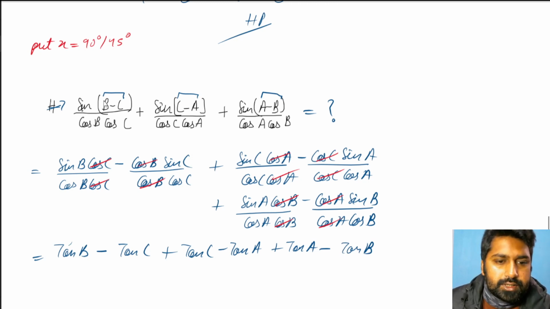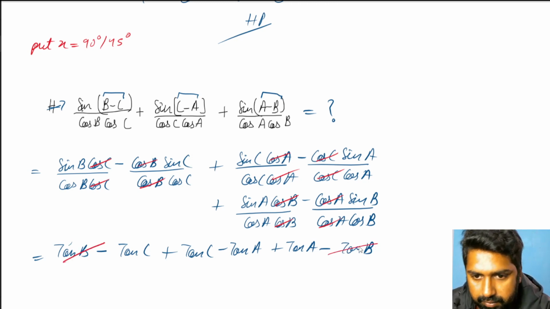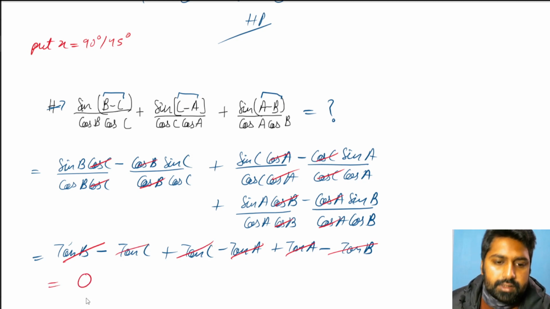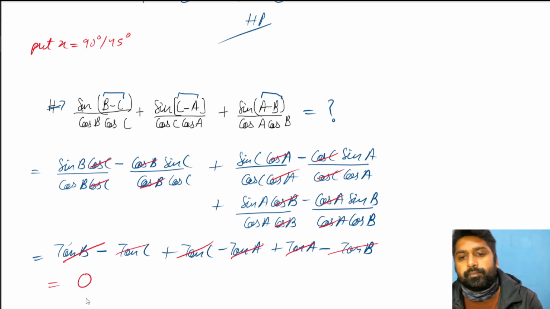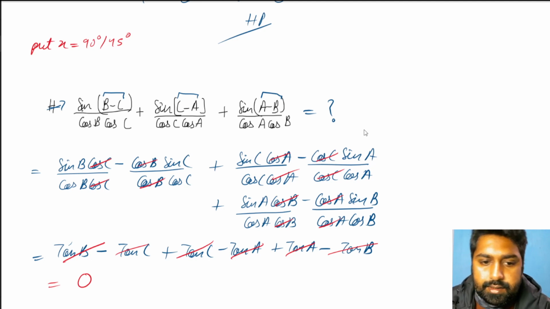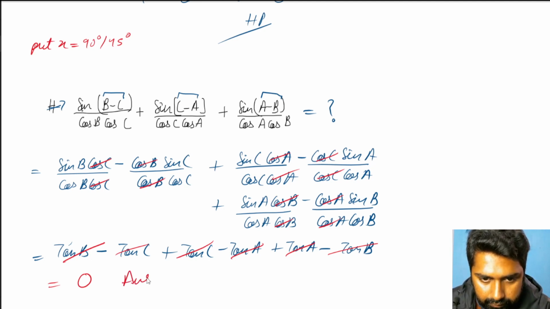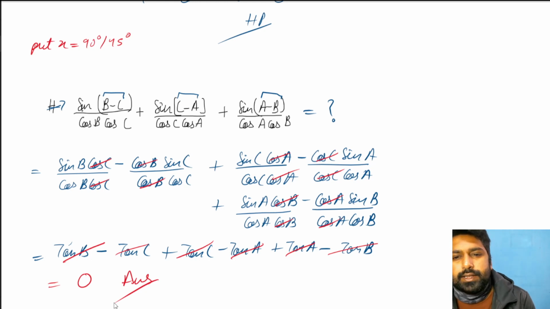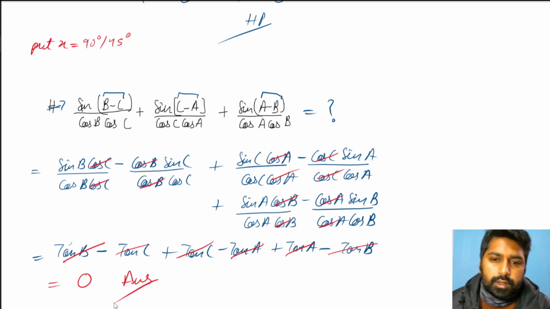Again, I think pretty much this is done. Tan b cancels tan b, tan a cancels tan a, tan c cancels tan c. So this is 0. So the answer is 0. Usually these kinds of symmetrical expressions, whenever the questions ask, majoritively the answer is always 0 or 1.